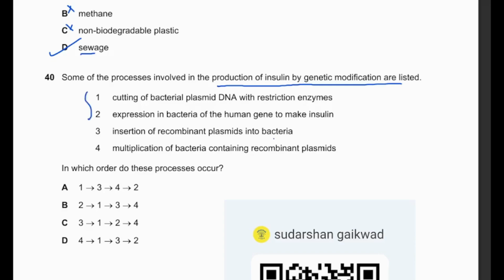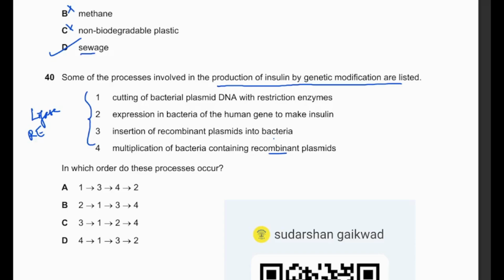They will ask you how the recombinant or modification of bacteria is done. You use ligase, and this enzyme ligase is there, or restriction enzyme. The same points you have to do. Okay, recombinant organism.